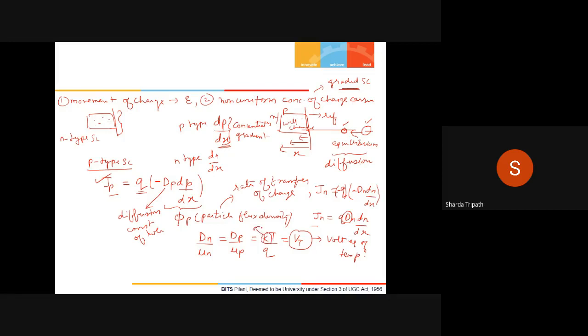Here k is your Boltzmann constant, T is the temperature in Kelvin, and q is 1 unit charge. So diffusion, which is causing the movement of charge, is actually related to the mobility of the electron as well as hole by this particular relation. And this relation is also known as Einstein's equation.